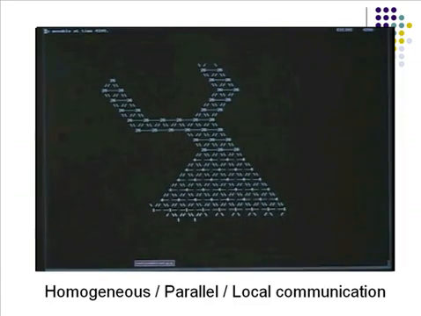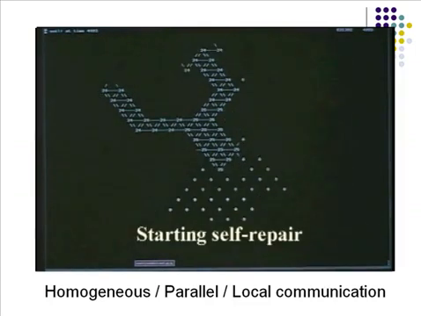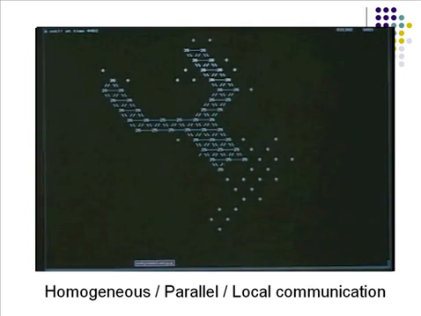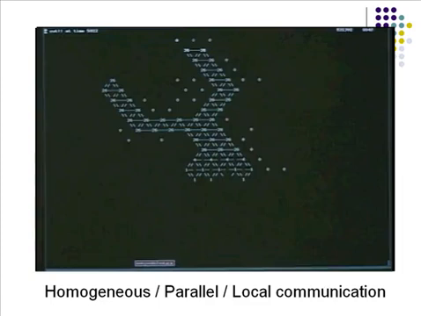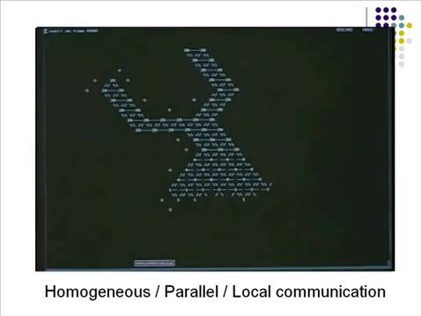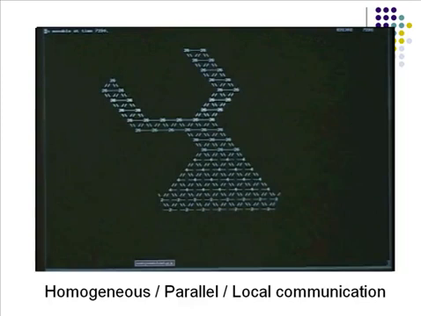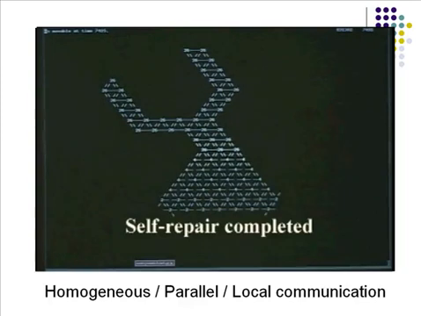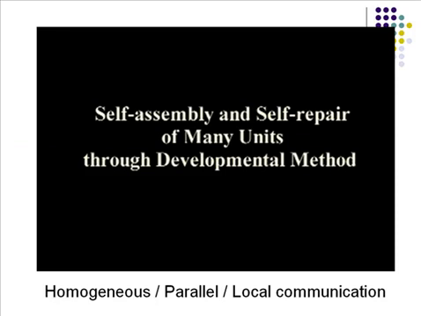So they can talk to their neighbors, but not beyond the neighbors. So they cannot know what the global shape is or where it's damaged. So that kind of information must be transferred by local inter-unit communication.